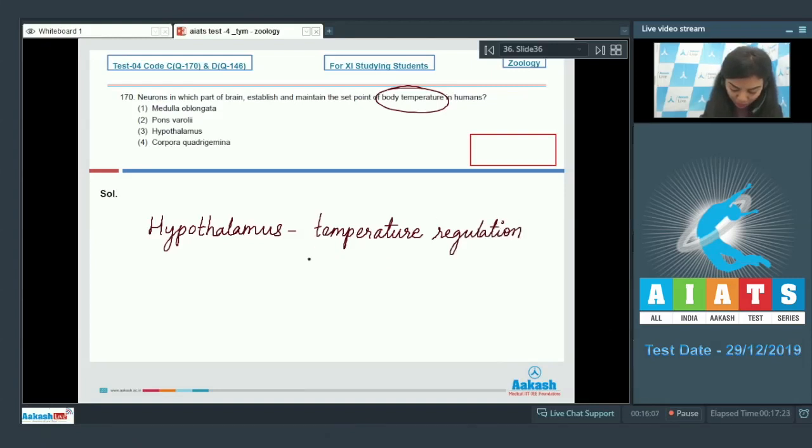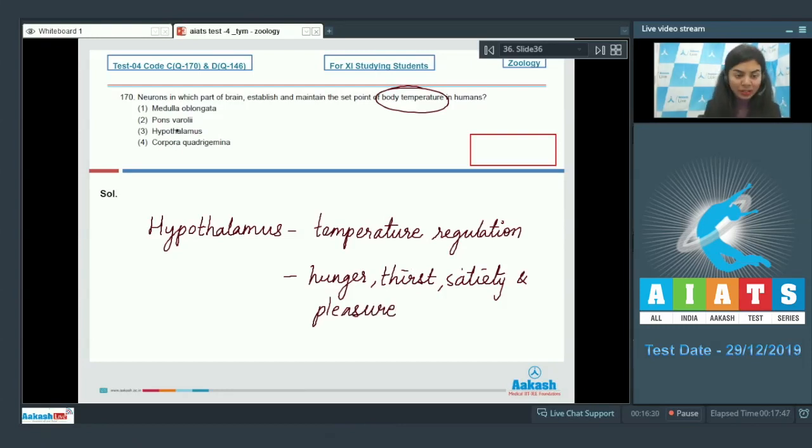Along with temperature regulation, it is involved in other processes and has centers for hunger, thirst, satiety, and pleasure, etc. The correct answer among the options given here would be option number 3, hypothalamus. Option 1, medulla oblongata.